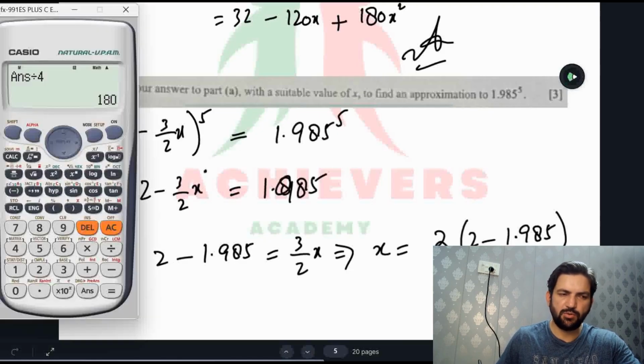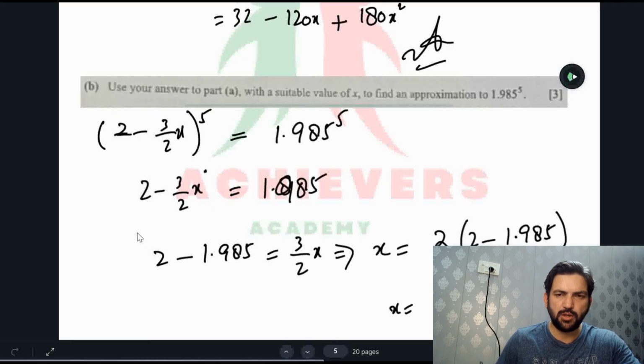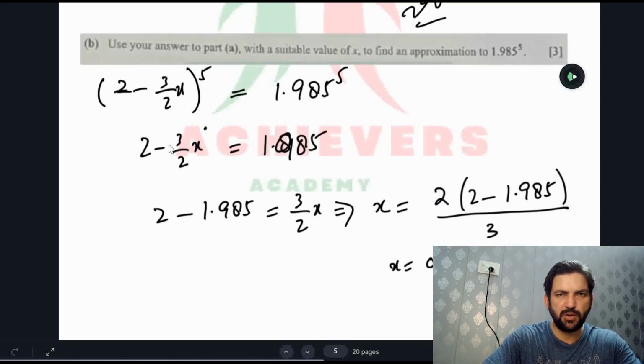Simplifying it, x will be equal to 0.01.